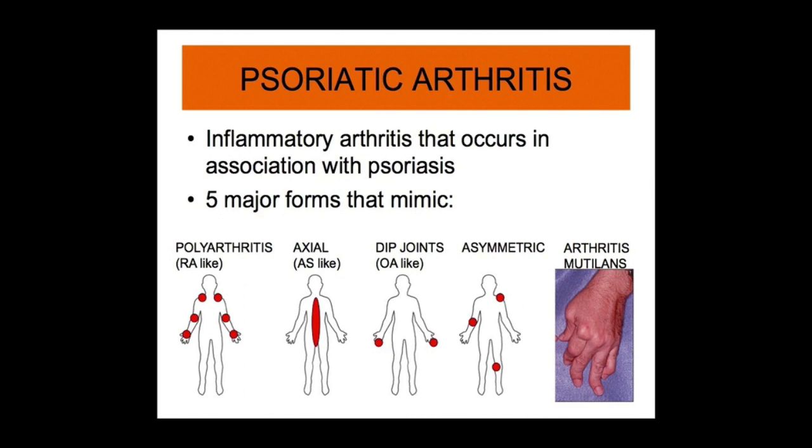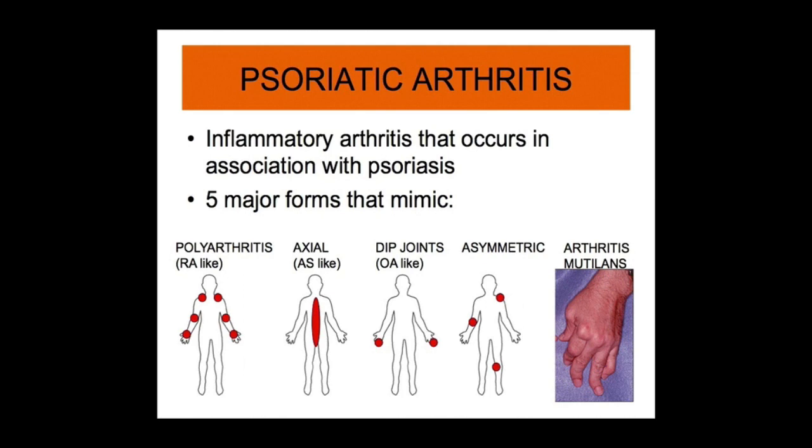The second one mimics ankylosing spondylitis in that it affects mainly the axial joints, so the joints of the vertebra and the sacroiliac joints. The third one is similar to osteoarthritis in that it involves the distal interphalangeal joints only.